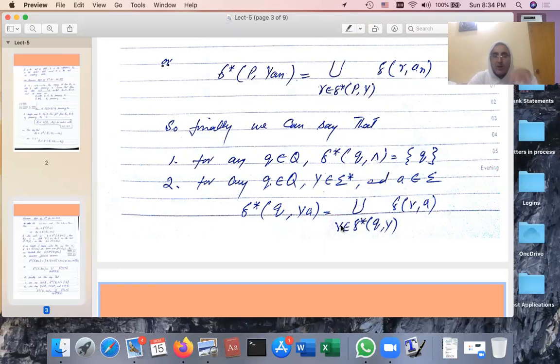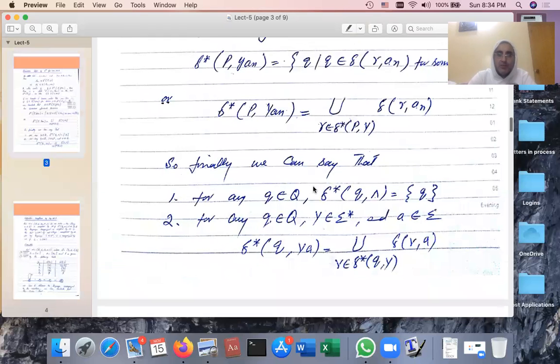Here q is my starting state. At the starting state, after processing the string y, with multiple transitions and taking unions, I can reach some state r, after which I can apply this a, and then reach my wanted state, which is pn. So these 2 points are okay, nothing is wrong with that.